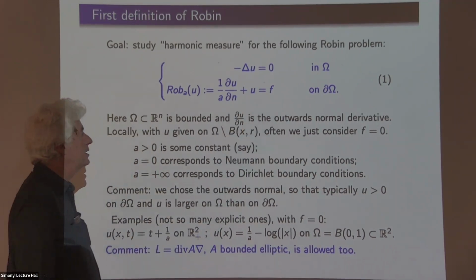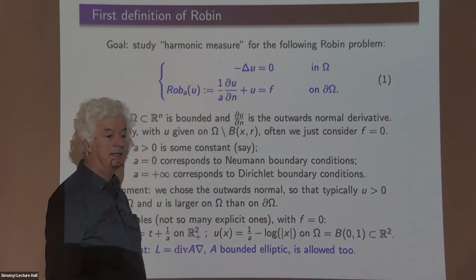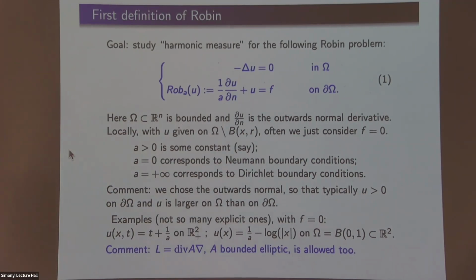So for instance, this would be the usual Dirichlet problem, and here I'm adding some part. Is A a number, or does it depend on the point? A is a number. It could be a function, but let's say it's a number for a moment. And I wrote in which way the normal derivative is oriented.